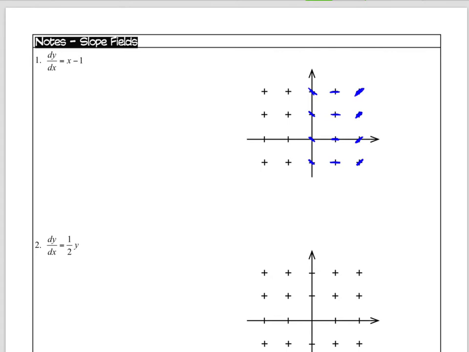Alright, so what x value is the next ones I'm plugging in? Negative 1. When I plug in negative 1, I get negative 2. So here's what I do to get a negative 2. A slope of negative 2 is down 2 and over 1, or up 2 and over 1 to the left. So I keep this in mind, and I try to draw a tick mark that would take me to that point.